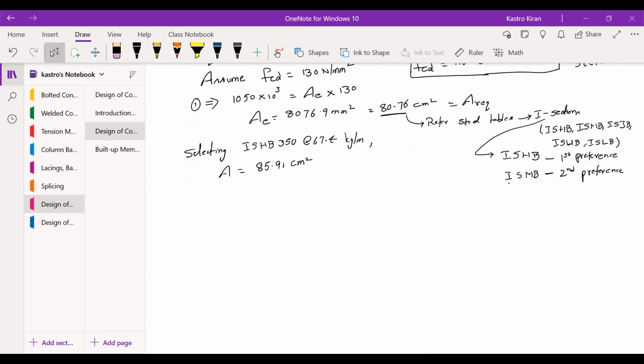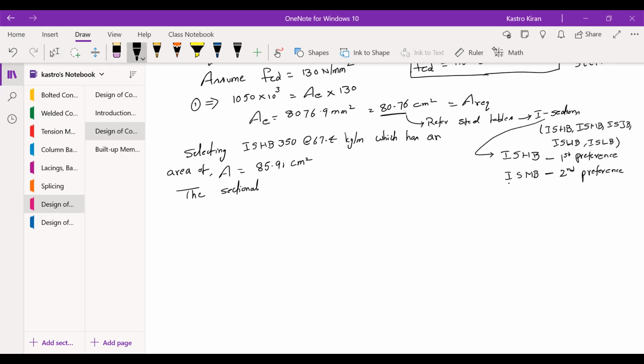Let's also write the other properties. Selecting ISHB 350, which has an area, denoted with capital A, of 85.91.